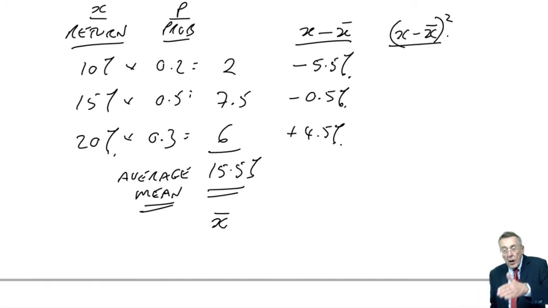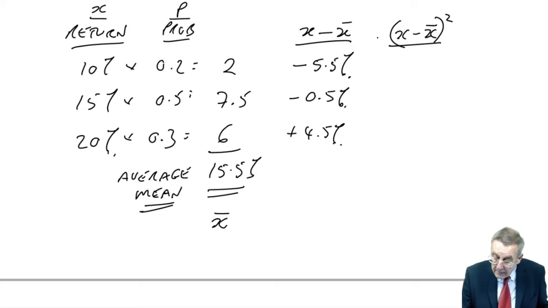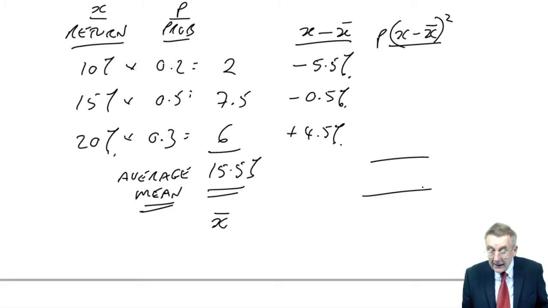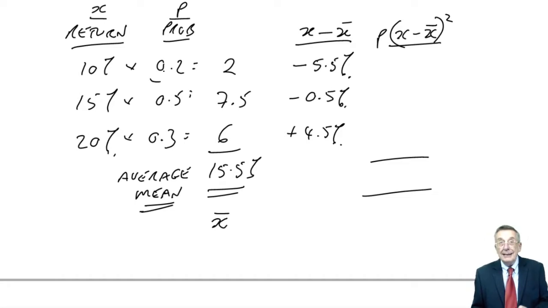If you square them, a minus times a minus becomes a plus, so they all become positive. And then we take a weighted average: in each case, square the difference, multiply by the probability, and add them up to get the average.